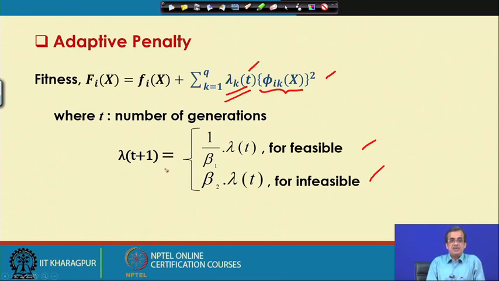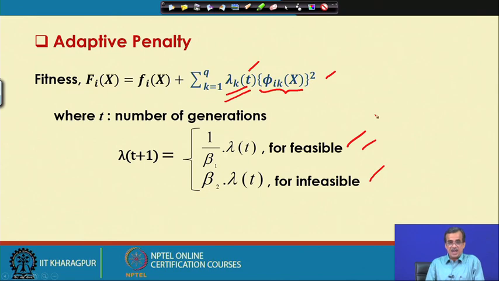So, lambda t plus 1, that means the value of lambda in the next iteration, is nothing but 1 divided by beta 1 multiplied by lambda t for a feasible solution. That means, if there is no violation of the functional constraint, this is the expression I will have to use.